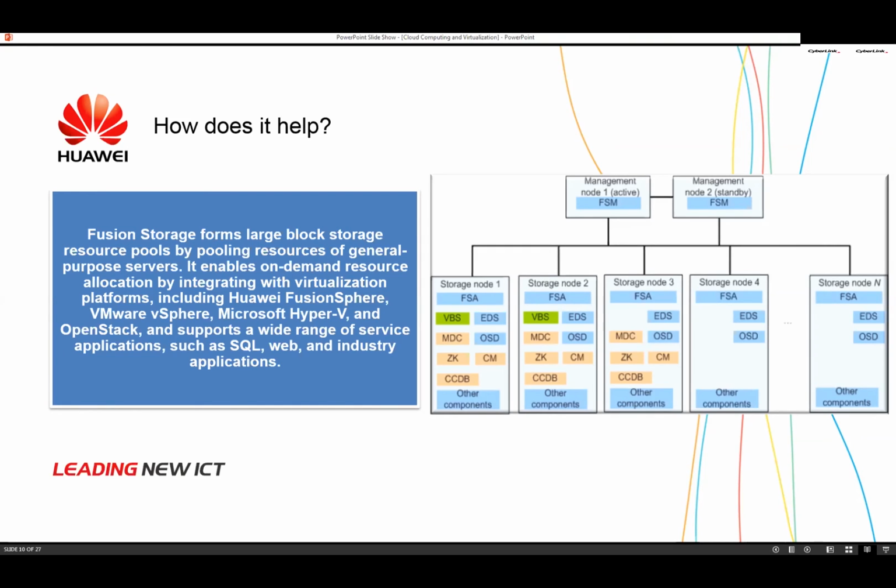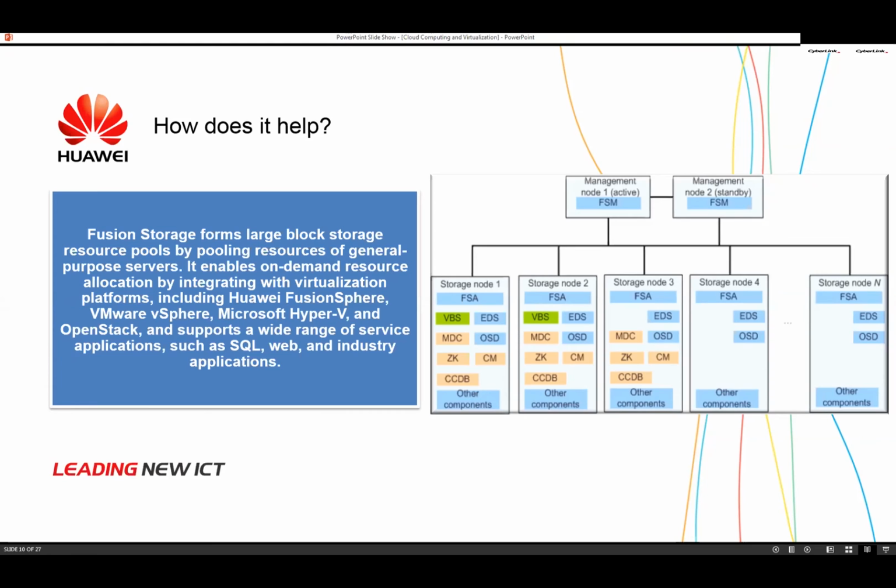More than half of the zookeepers must be active and accessible. So meaning if we have 7, we need to have at least 3 up and running in order for Fusion Storage to work properly and not have any service interruption. And the zookeeper automatically starts on the nodes that form the control cluster during the control cluster creation.